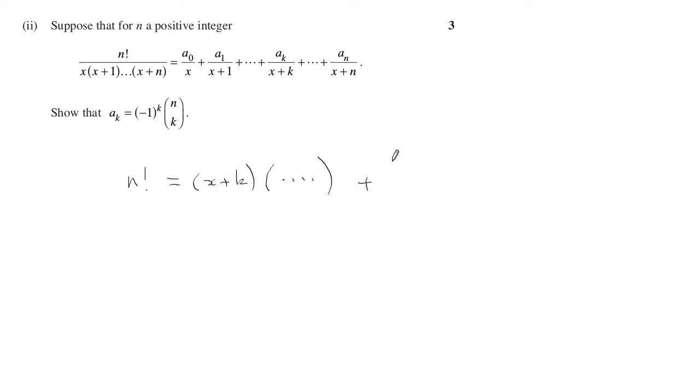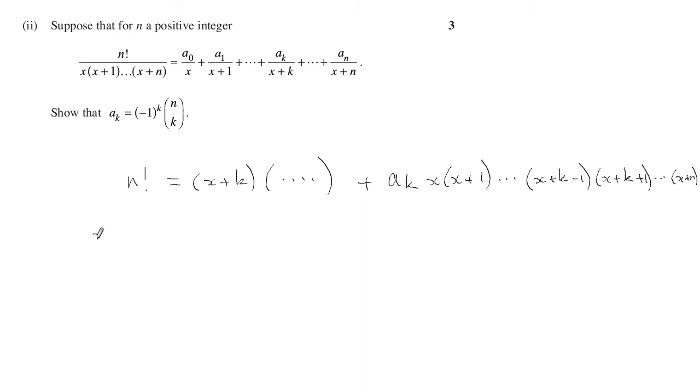And then we're going to have the AK times x plus 1, and then times everything up to, because the x plus k will cancel, we're going to have everything up to x plus k minus 1, and then we'll be missing the x plus k term, and then we'll have the next one, which is x plus k plus 1, and times everything up to x plus n.